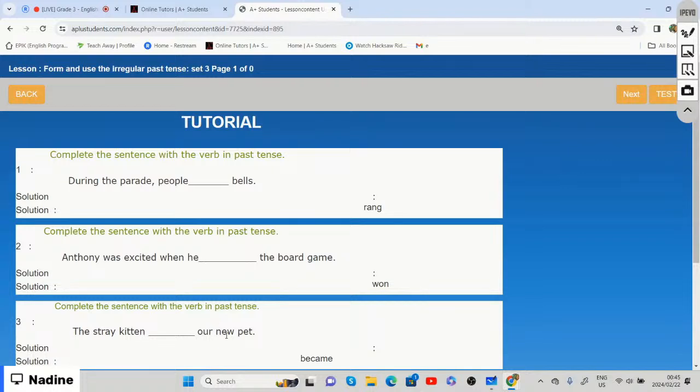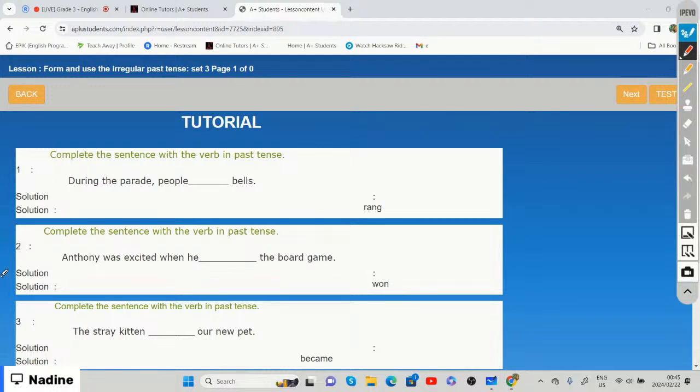And then we can say during the parade, people rang the bells because it's in the past tense. And rang is the past tense of ring.